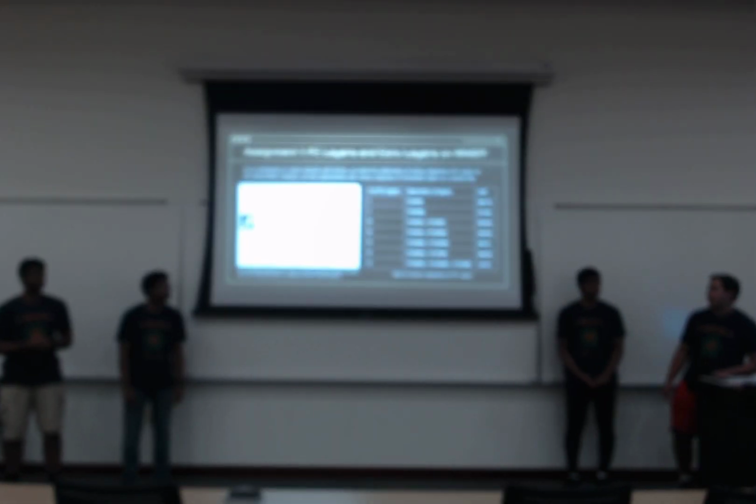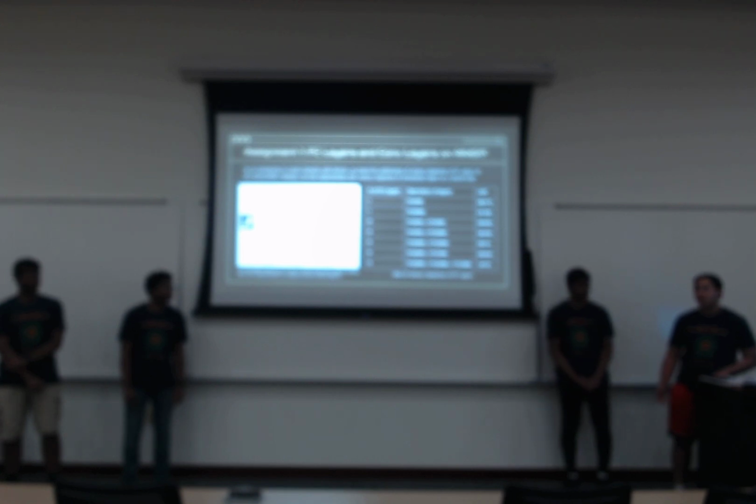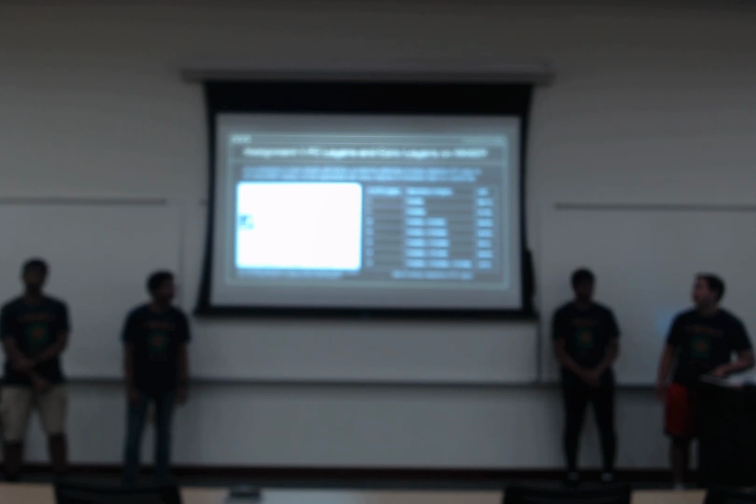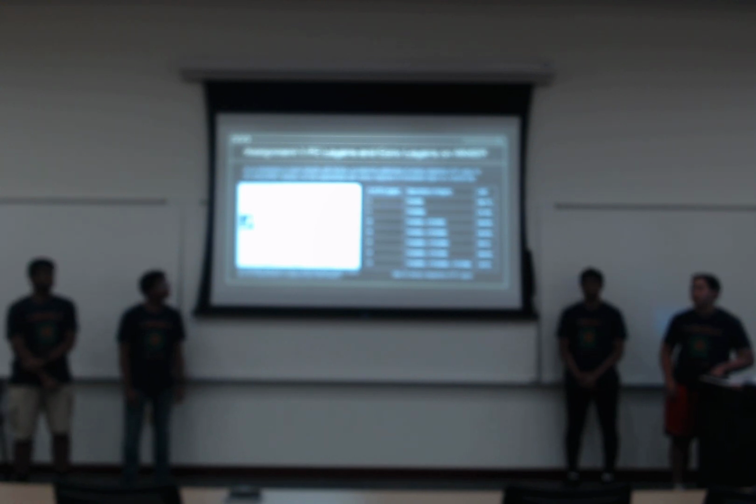So to start off the camp, we needed to gain an understanding of how neural networks work and how to use PyTorch, which is the library for the neural network. So we started off with our first assignment using fully connected layers and convolution layers on the Fashion MNIST database.